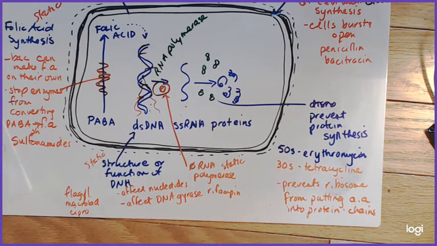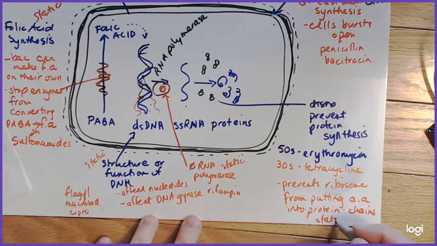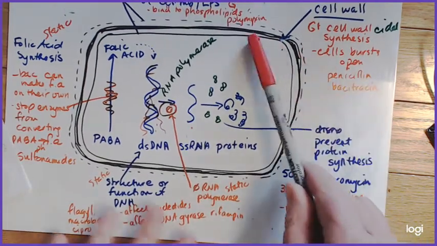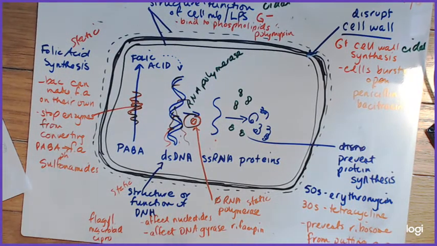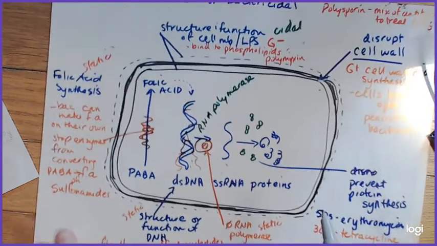Again, this is static because it's not outright killing them like these two things are. It's just preventing them from being able to multiply properly or making the proteins for it to stay living. Okay, so basically that is it for how antibiotics work.